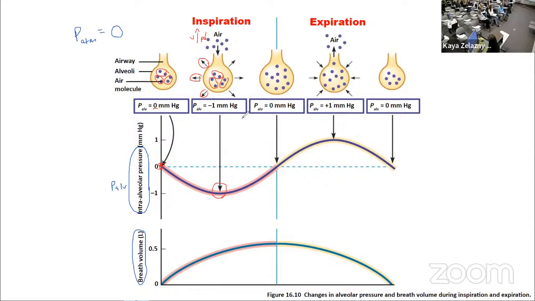What happens next is that we do actually change how much air is in our alveolus. So when we get to that -1, our air is moving in. Now we're going to have more molecules inside our lung.